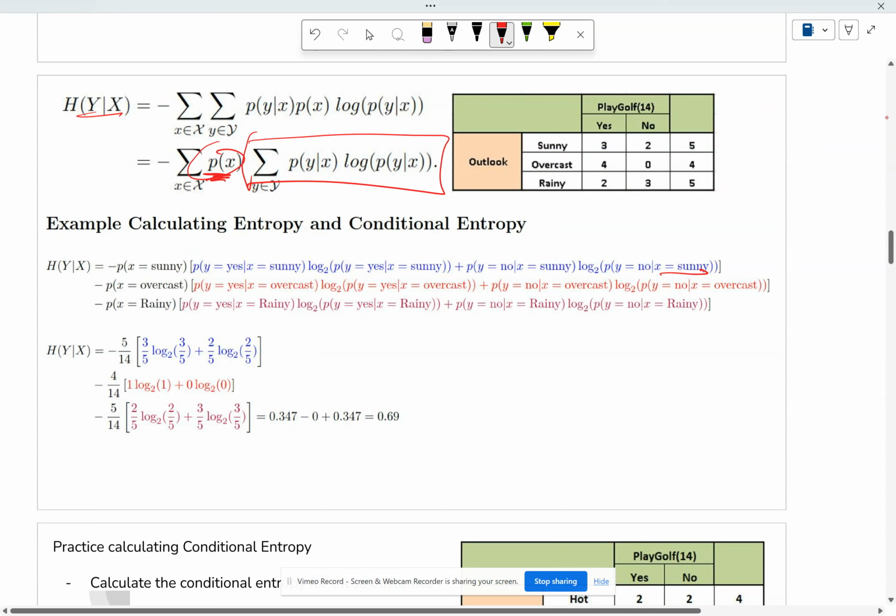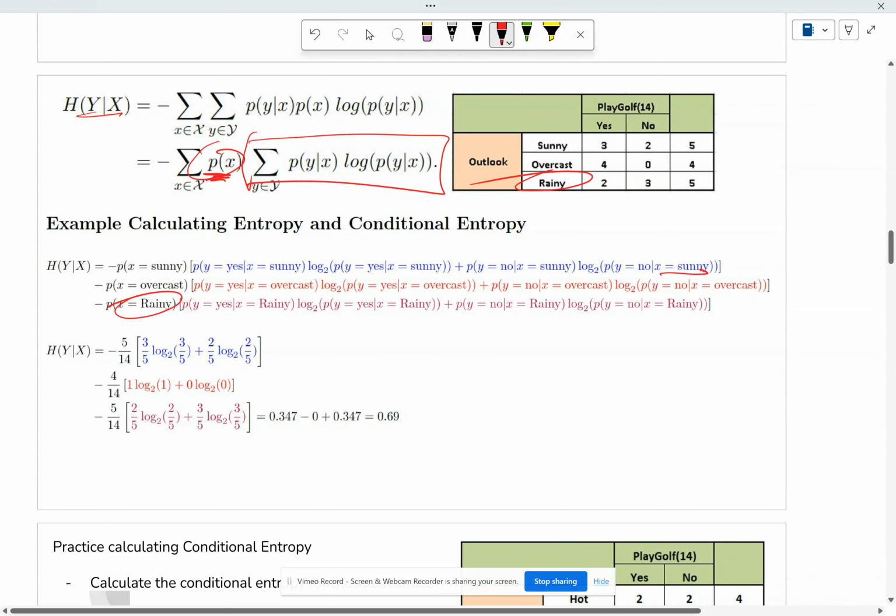Next, we have a second case, which is overcast. Notice every one of them is given overcast. So given overcast, you sum up all the possibilities: y equals yes and the information of y equals yes, along with y equals no and its information. And lastly, we will do rain.